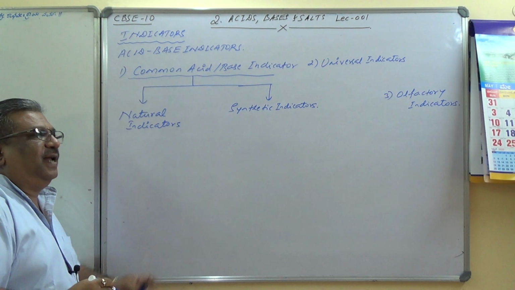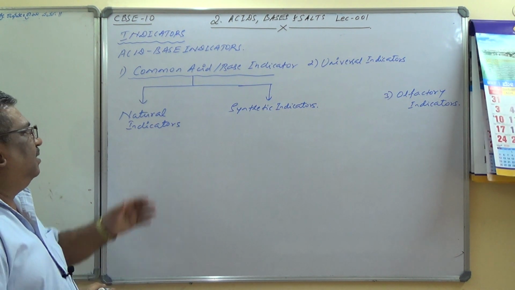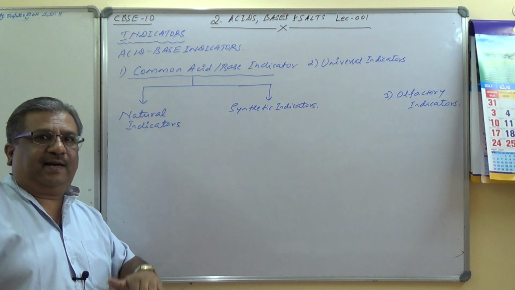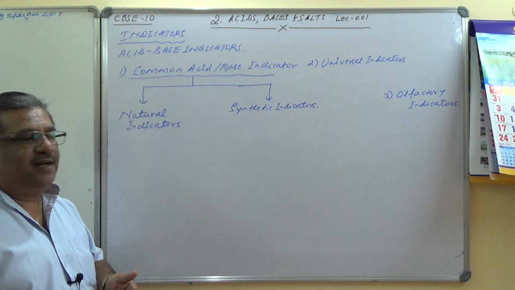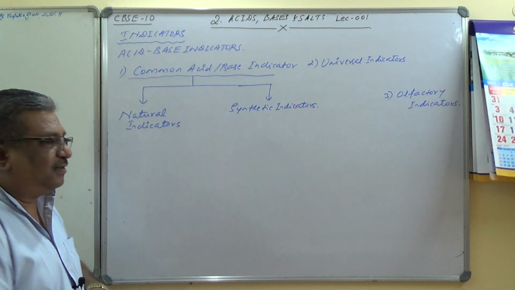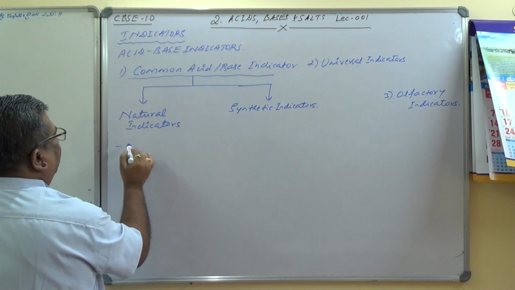What are natural indicators? Substances which are naturally occurring and which indicate whether the given substance is acidic or basic. Such substances are called natural indicators. An example here is litmus.